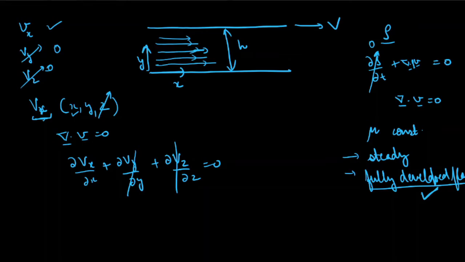Vx is not 0, but because of this equation now we know that del Vx by del x is equal to 0. This is only possible when Vx is not a function of x, so this implies Vx is only a function of y, so that means the velocity which is in the x direction is dependent only on y.